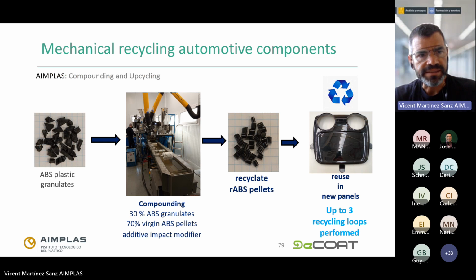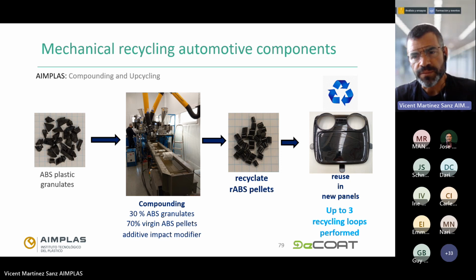At the end, these ABS plastic granulates are the input material for the compounding stage, in which we blend the recyclate with ABS virgin grade, and also add specialty additives. In our case, we incorporate an impact modifier in order to upcycle the quality of these ABS recyclate pellets that were reused in the manufacture of new panels.